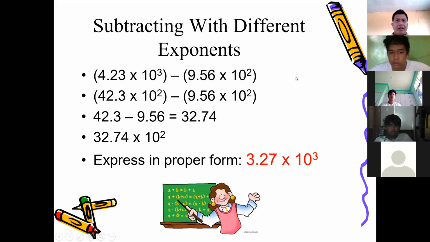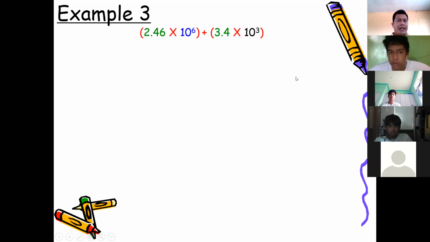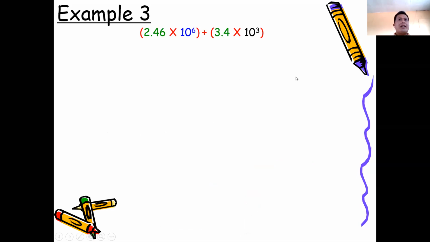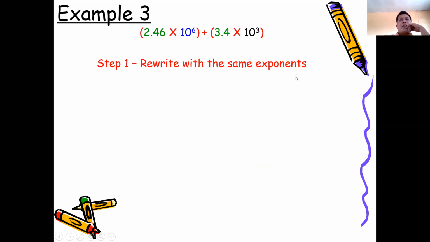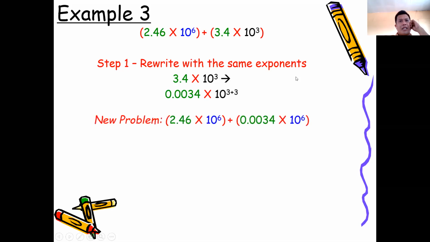Okay, probably we'll have another example here. We have here, rewrite the exponents, either writing it as 10 to the power of 3 or 10 to the power of 6. It doesn't matter at all. So we are going to convert 3.4 times 10 to the power of 3 to 0.0034 times 10 to the power of 3 plus 3, or to the power of 6.